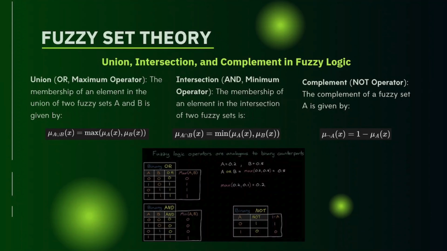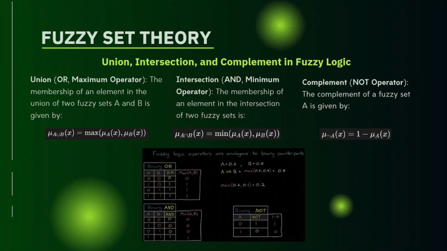As you see here in the example, fuzzy logic operators are unambiguous extensions of their binary counterparts. Here is the table of OR, the binary OR. As you can see, 0 in A and 0 in B will output a 0 for A OR B. 1 and 0 will output 1. So it always takes the maximum.